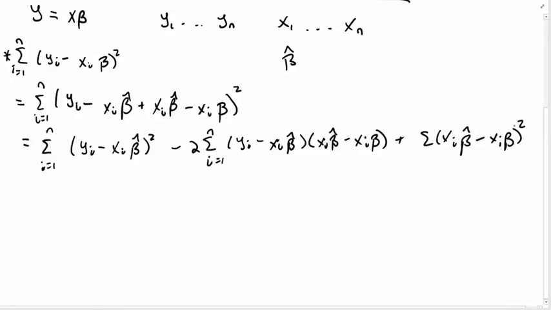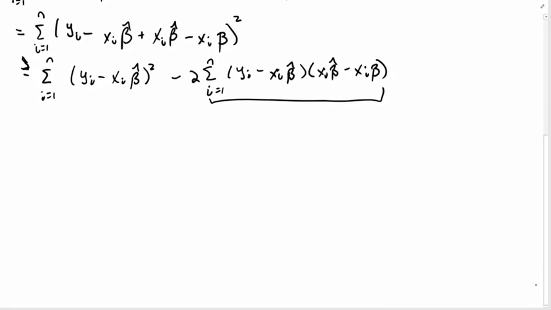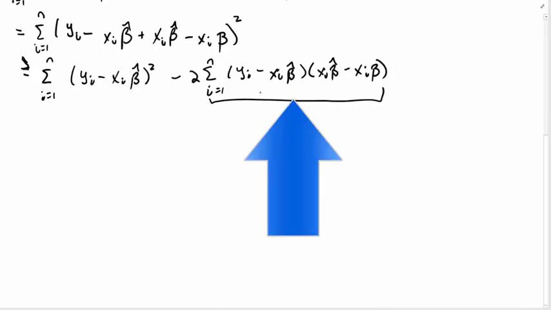Now, if I get rid of this last term, it's adding up a bunch of positive things, so I'll only get smaller because I'll have thrown away something that's positive. So if I take 6, which is 4 plus 2, and throw away the 2, I've gotten smaller. Okay, let's look at this term right here. If beta hat forces this term to be 0, then let me just rewrite this.